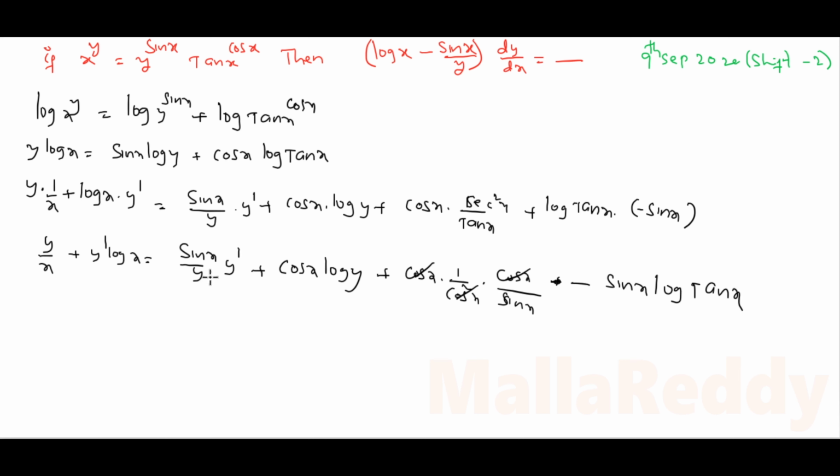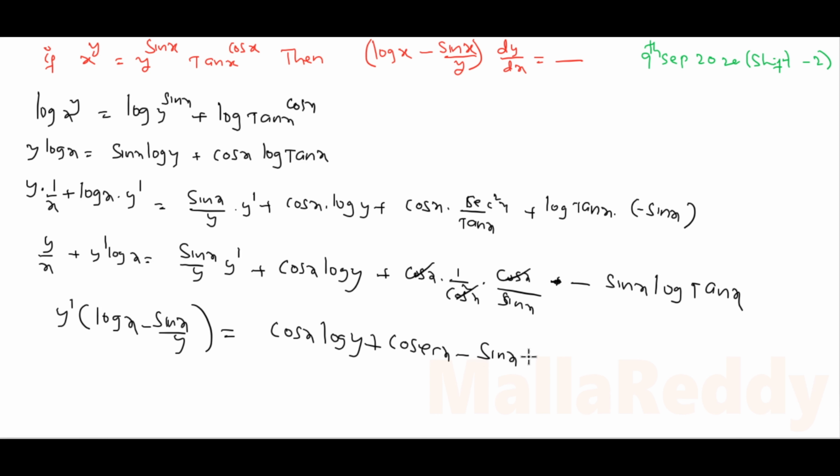So take y' common, that is log x minus sin x by y is equal to cos x into log y plus 1 by sin x, that is cosec x, minus sin x into log tan x minus y by x. That is the answer.